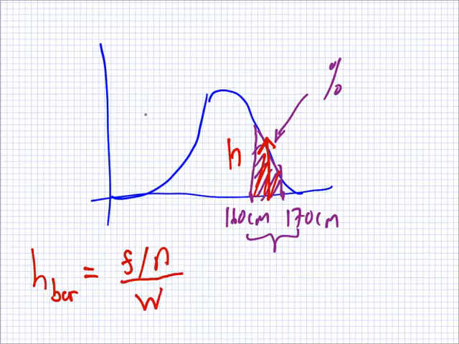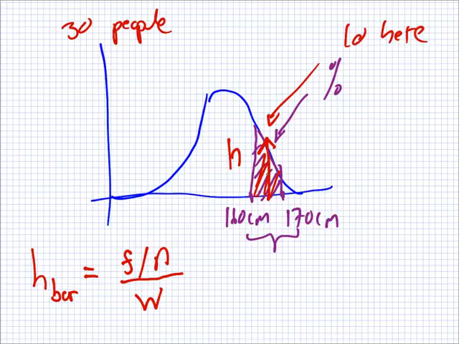So in this example, let's imagine we had 30 people, and let's say there were 10 of them in this bar. What should the height of the bar be? Well, it should be 10 divided by 30 divided by 10, because the base is 10.